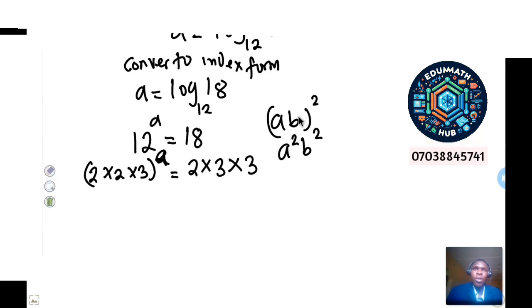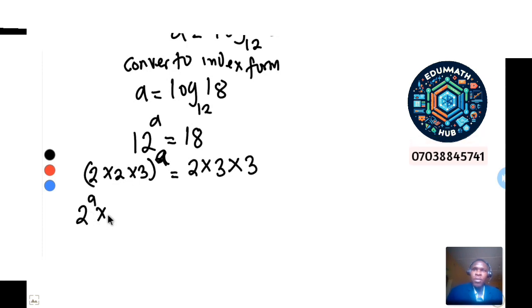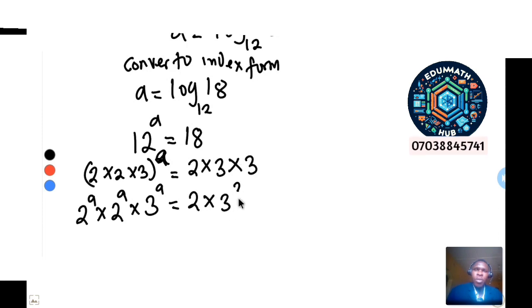If you employ that idea here, this A affects this 2, this A affects this 2, this A affects this 3. So it becomes 2 raised to power A times 2 raised to power A times 3 raised to power A. Then on the right hand side, you have 3 appearing 2 times here, that's 3 squared. So you have 2 times 3 raised to power 2.